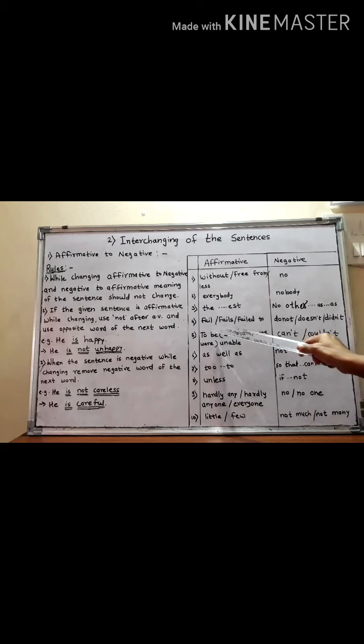Next, fell, fells, fell to. Fell and fells are for present, fell to for past. If this fell comes in the affirmative sentence, while making its negative, you can replace it with do not, does not and did not according to the tense.